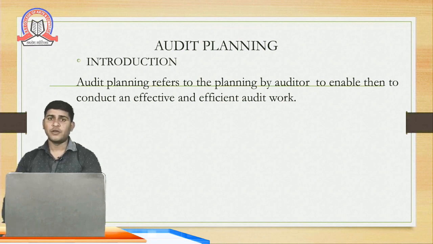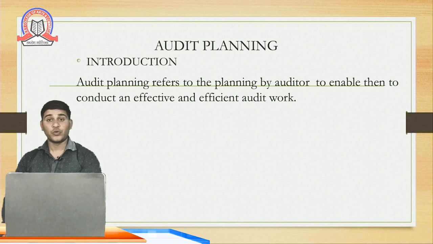Definitely, planning involves the study of the nature of business. The auditor first of all visits the client office, identifies the nature of the business organization and its internal control systems, and with the support of planning he prepares the program for the daily visits of the staff, or maybe the auditor himself, to the client office.